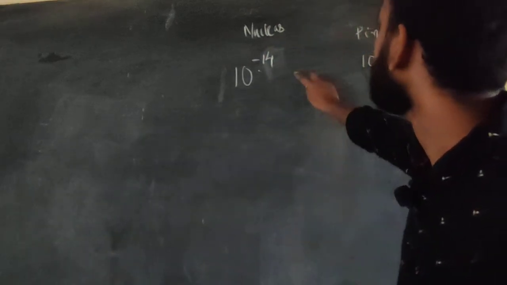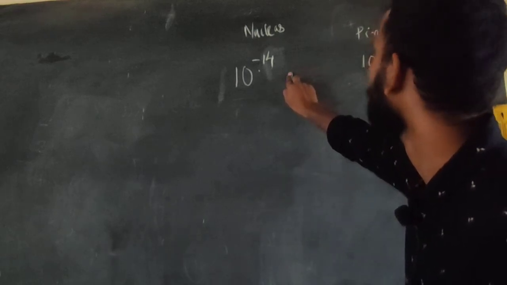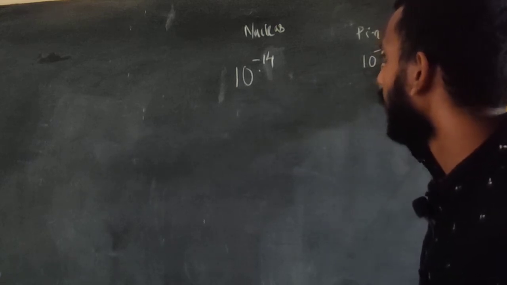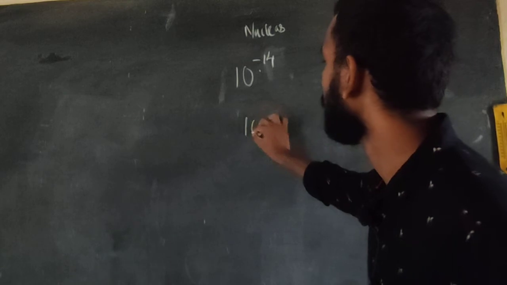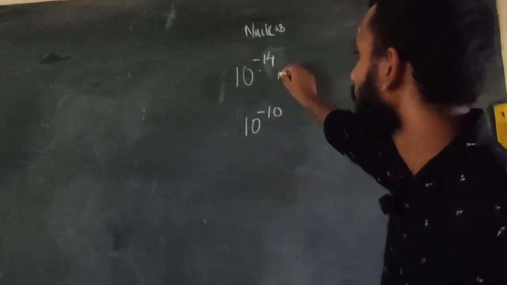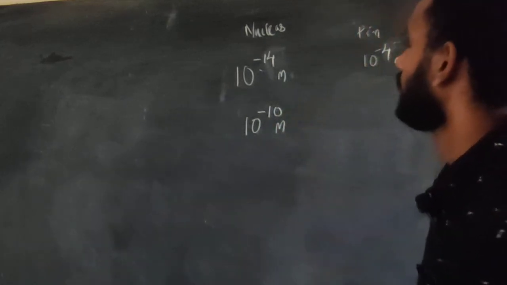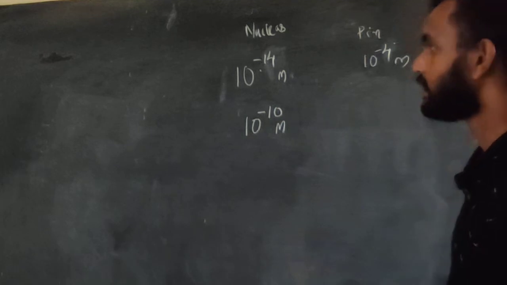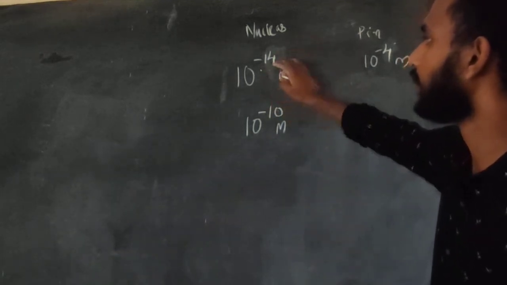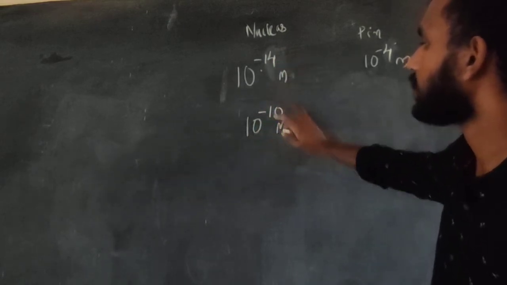So, this is the actual size of the nucleus and that of the pin, and the actual size of the atom is of 10 to the power minus 10 meter, all in meter. So, the ratio should be the same. The actual nucleus size is 10 to the power minus 14 meter, and the actual atomic size is 10 to the power minus 10 meter.